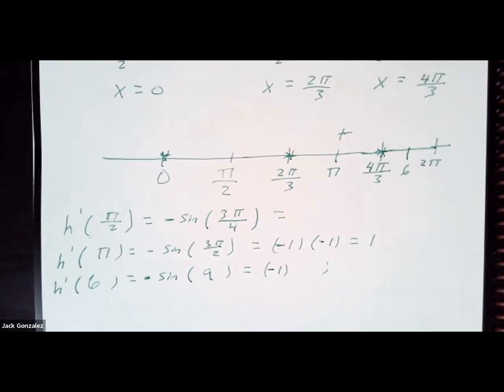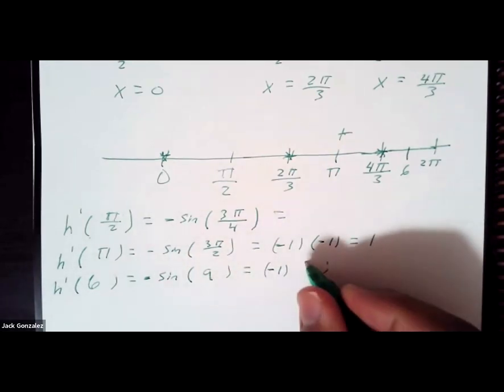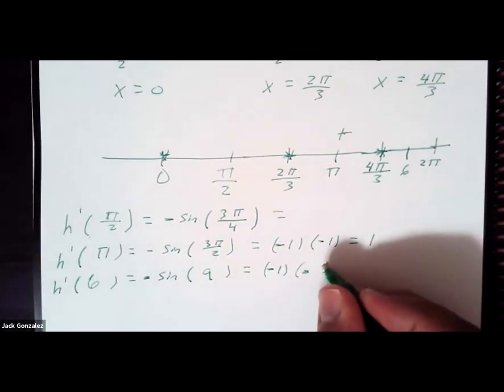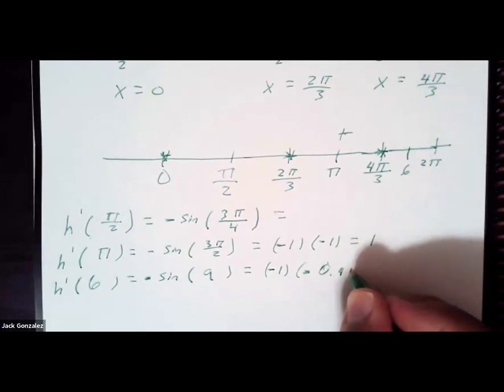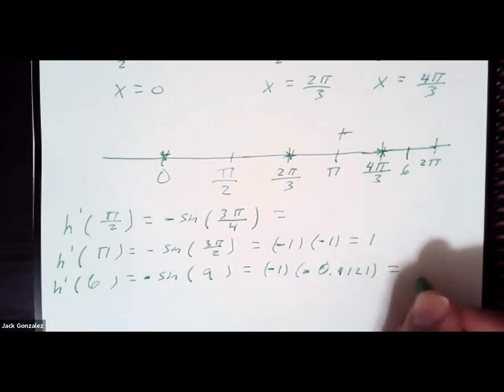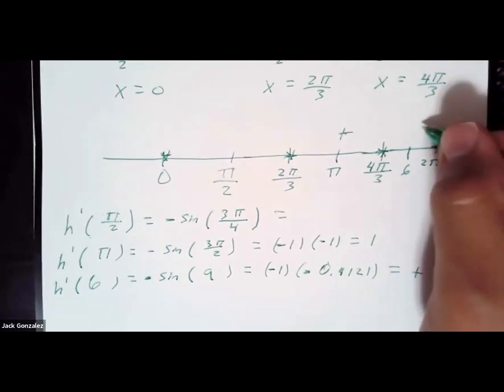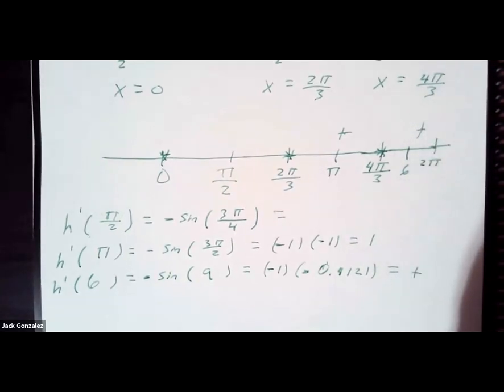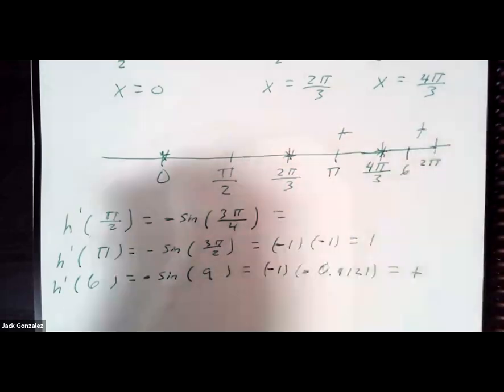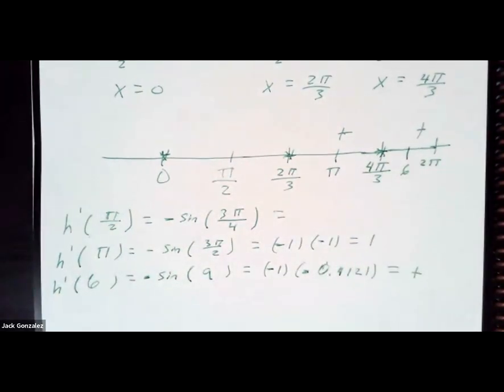What is negative sine of 9? That is a negative. So positive. I don't care what that is, but we have a plus over here. Plus there. Sine of 3 pi over 4. Negative.